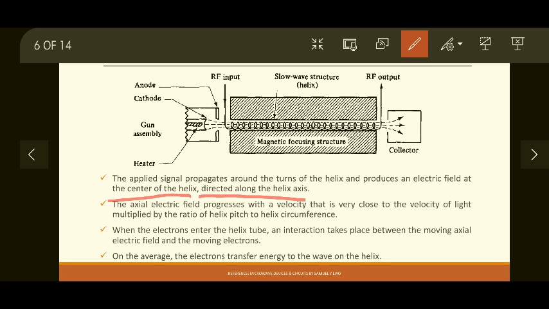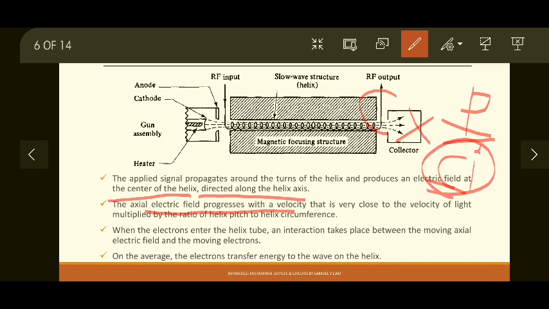So if we denote helix pitch as P and circumference as C, it's not a correct notation, but for example, then velocity of electric field is c, that is velocity of light, into pitch divided by circumference of the helix. That is the velocity of electric field.